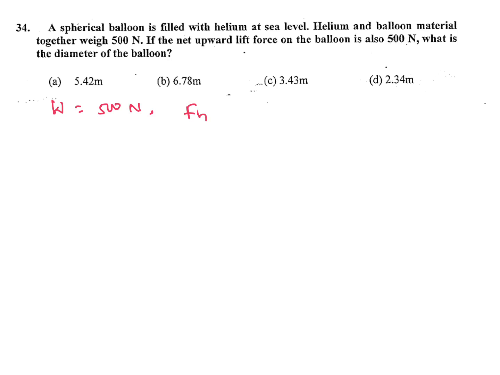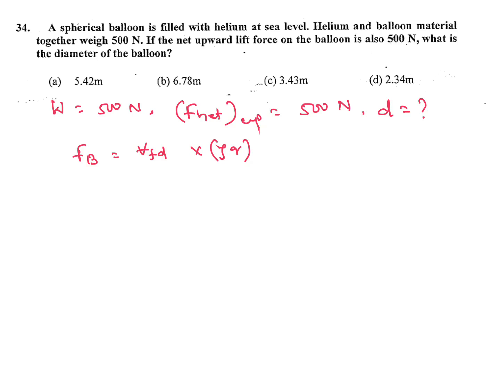Net force is upward, 500 Newton. We have to calculate the diameter of the balloon. We know buoyancy force Fb is equal to volume of fluid displaced into rho g. Here the fluid is air, so rho g of air.